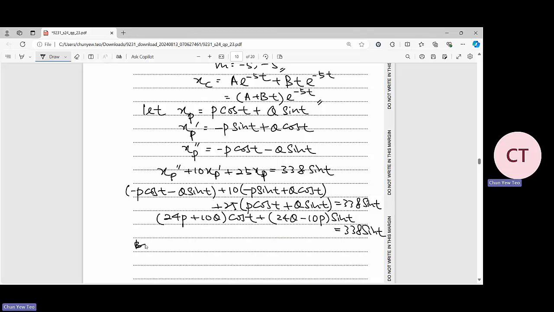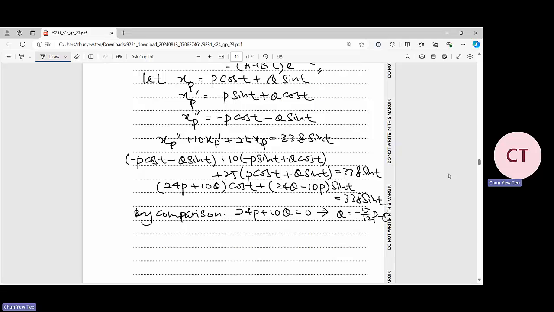By comparison, 24P plus 10Q equal to 0. That will give you Q is equal to negative 5 over 12 P. I call this equation number 1. Then another one to compare is the sin. You have 24Q minus 10P is equal to 338.